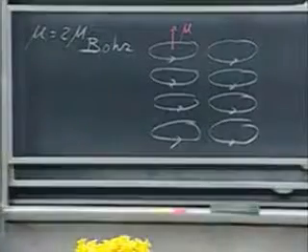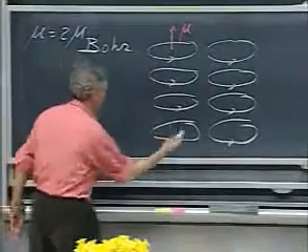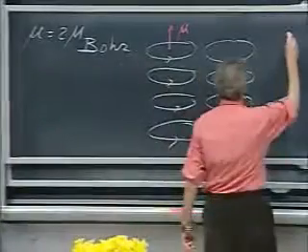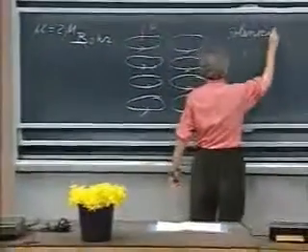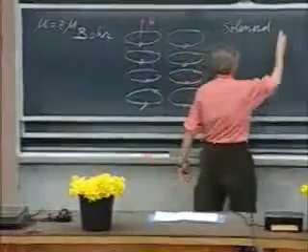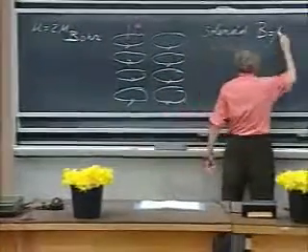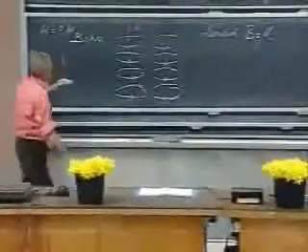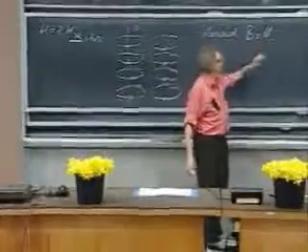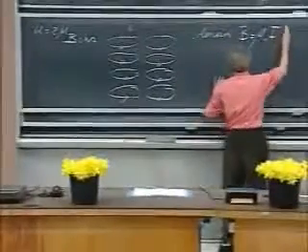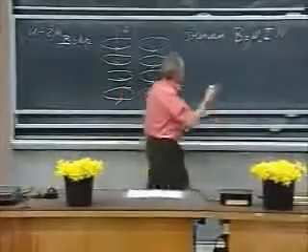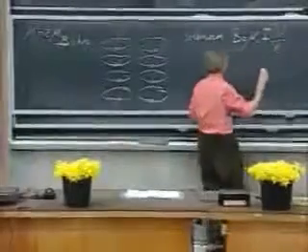Well, that's an easy calculation, because this really looks like a solenoid, like you have windings and you have a current going around. And you remember, or should remember, that if we run a current through a solenoid, the magnetic field in the solenoid is mu 0, the famous 4 pi times 10 to the minus 7, times the current I, times N, the number of windings in the solenoid, divided by L, the length of the solenoid.